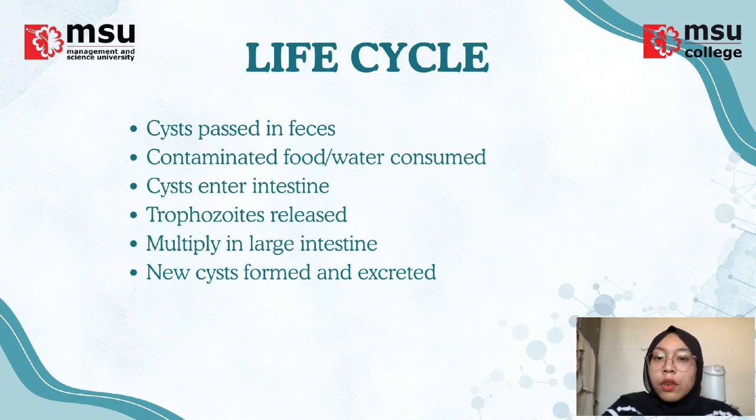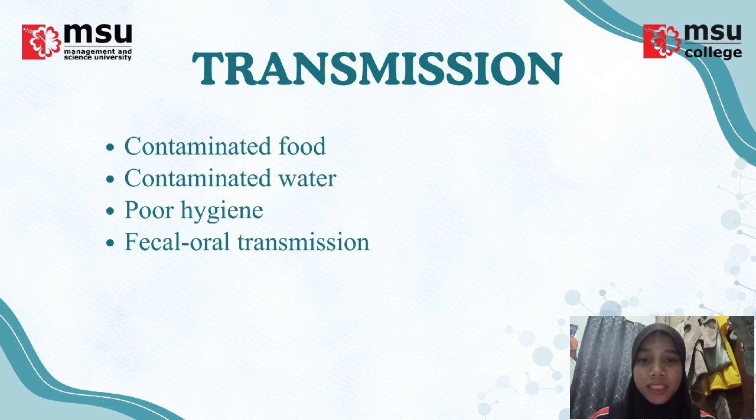Once the cysts safely pass through the stomach acid and enter the small intestine, excystation occurs, releasing the active trophozoites. These trophozoites migrate to the large intestine where they live, feed and multiply via binary fission. Eventually, as they move down the colon, they undergo encystation to form new cysts which are then excreted, repeating the cycle.